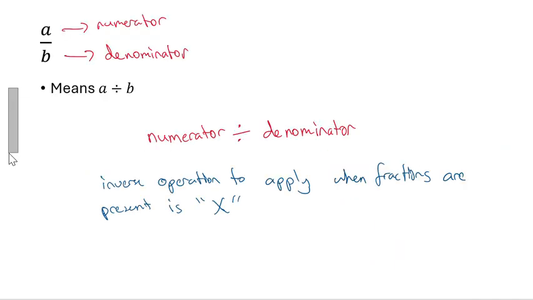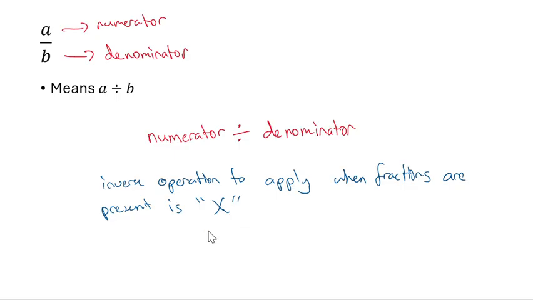Now, let's deal with fractions. If you remember, whatever you see over here, a numerator over a denominator with a fraction line, it means numerator divided by denominator. Every time you see a fraction, the inverse operation you are to apply is multiply.